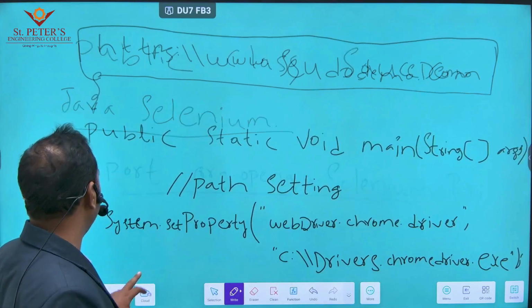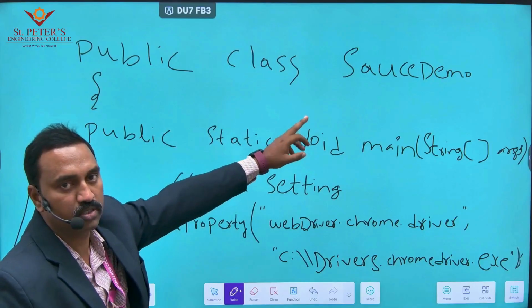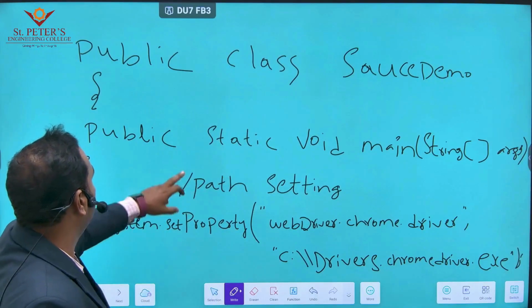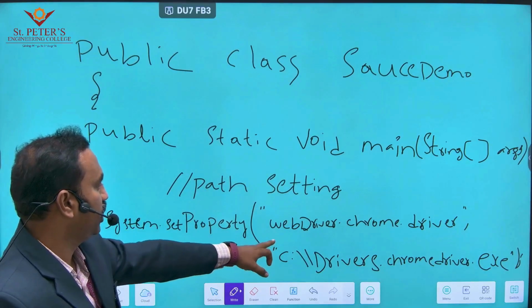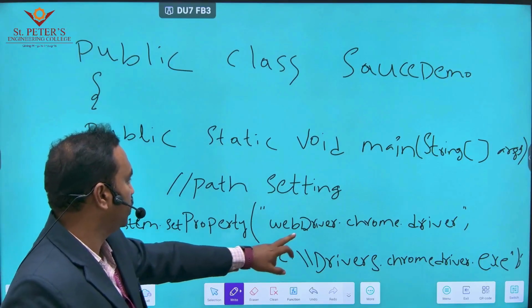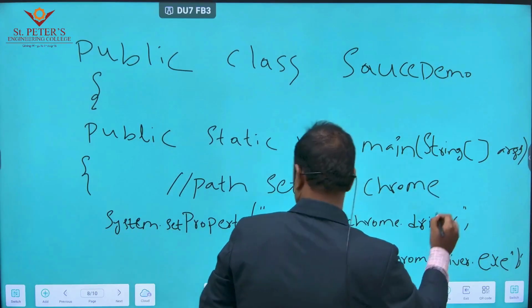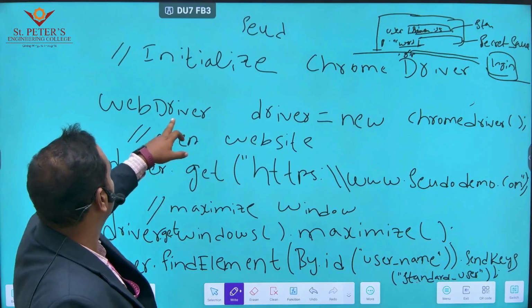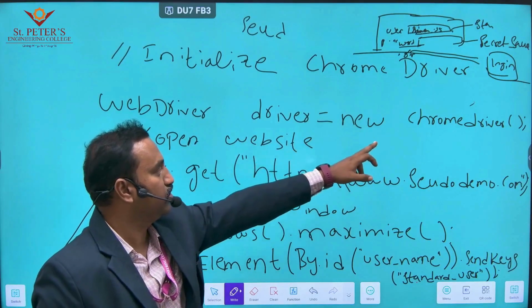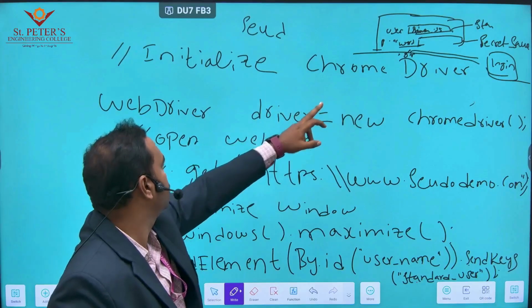After declaring this, write the class I have declared, and after that the main command. Then this System.setProperty is for the Chrome setup; it will set the Chrome path. After that, the command WebDriver driver = new ChromeDriver will initialize the Chrome driver.